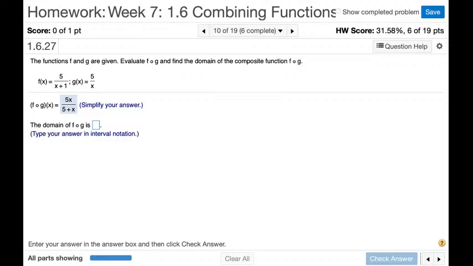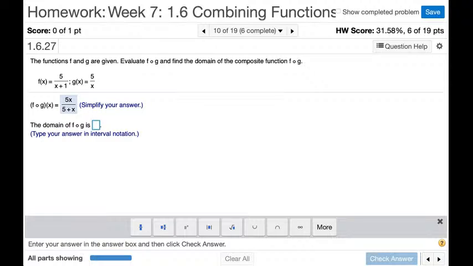So we can take all reals except 0 and except -5. -infinity up until -5. Then we're going to say cup -5 to 0. So basically I'm capturing all numbers except -5 and 0. So we're going to say 0 to infinity.